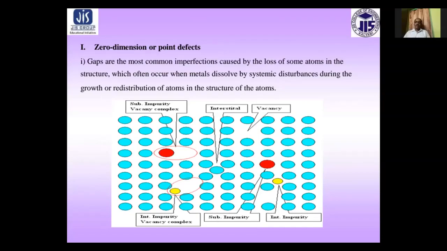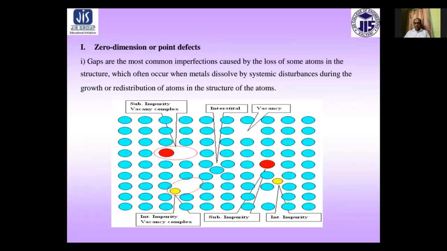So when the temperature of the material increases during various working processes or by heating, the point defects rise. That means the atoms which have sufficient energy break the bond which holds them in their equilibrium position and move from one place to another.